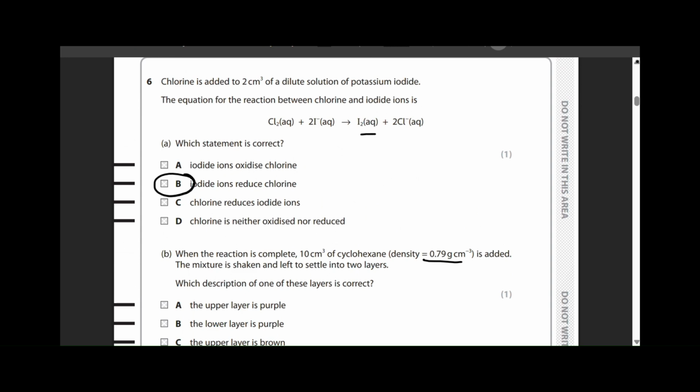The cyclohexane will dissolve iodine. Okay, and a layer will form which has a density less than the density of water. So the water layer will be at the bottom and the cyclohexane layer will be at the top. And due to the presence of iodine, the upper layer will be purple. So the correct option is A.